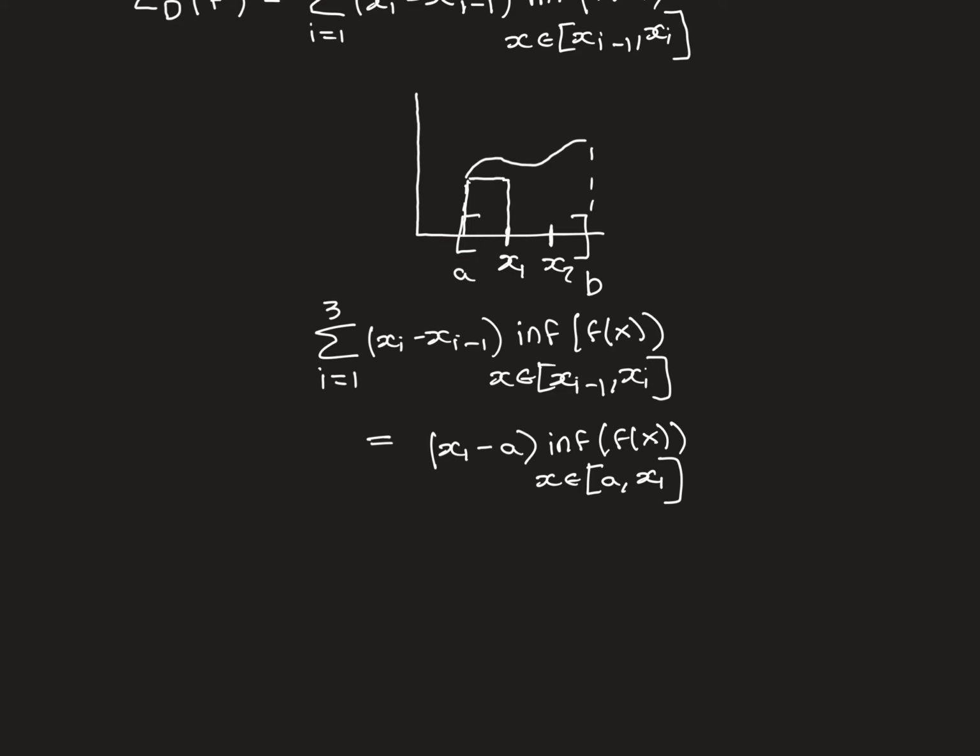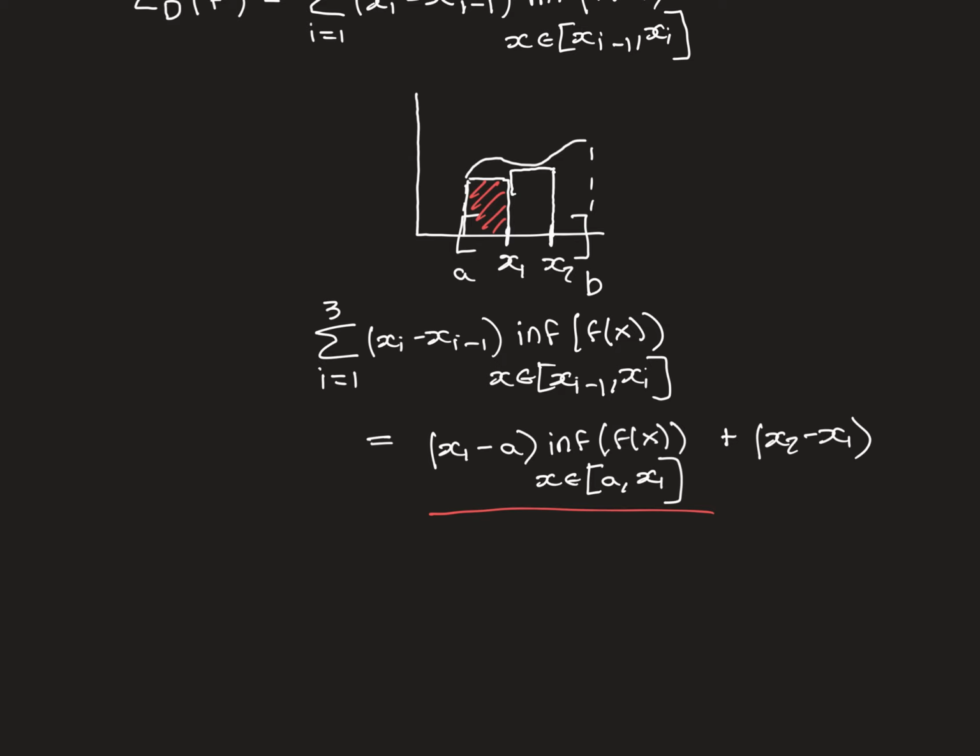So some colour now. In red there, that rectangle's area corresponds to this bit of the Riemann sum, the lower Riemann sum. Now, next bit, we're going to move on to the next part of the dissected interval, so it's going to be plus x2 minus x1, that horizontal length there, and then again, the infimum is going to be the minimum in this case, and you can see it's around there on this picture, so we're going to get a rectangle that looks something like that.